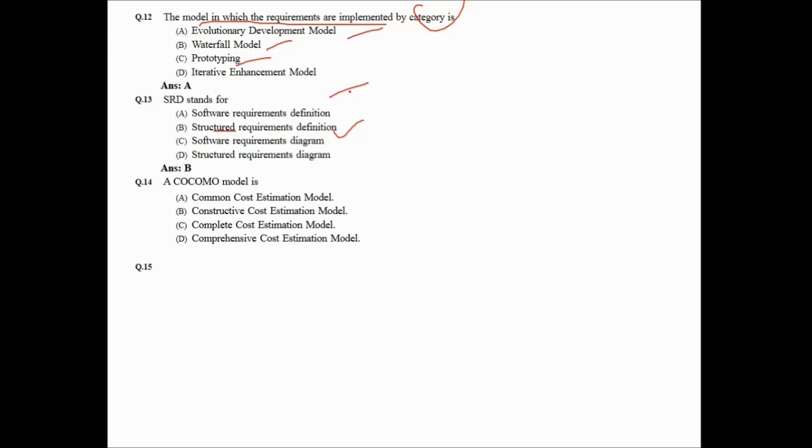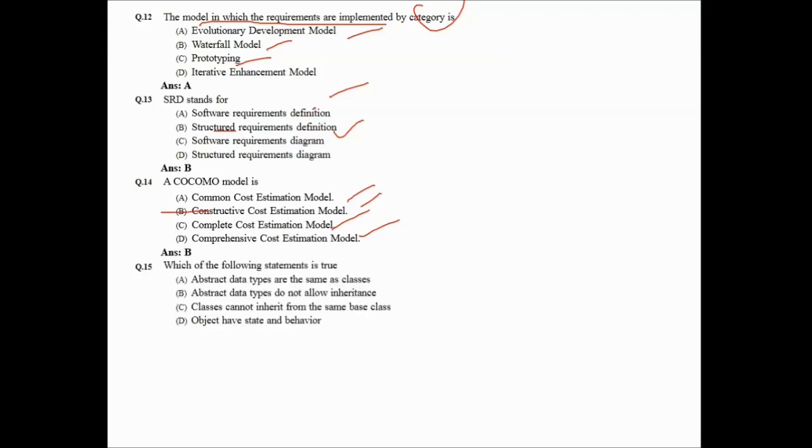It is structured requirements definition. A COCOMO model is a common cost estimation model, constructive cost estimation model, complete cost estimation model, or comprehensive cost model? The answer is B, constructive cost estimation model.